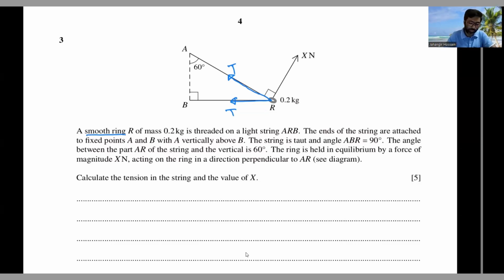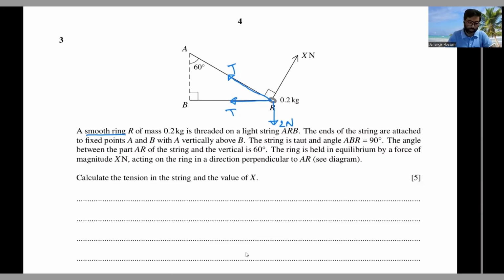So we have the forces coming from the segments of the string on the ring, the applied force, and also the weight of the ring, 2 newtons. Now, to find the value of T and X, we need to resolve these forces in two directions.